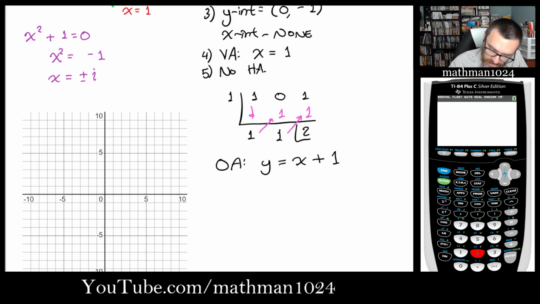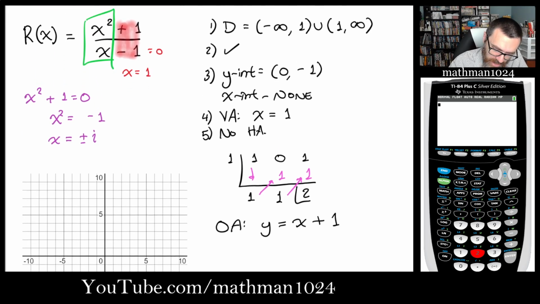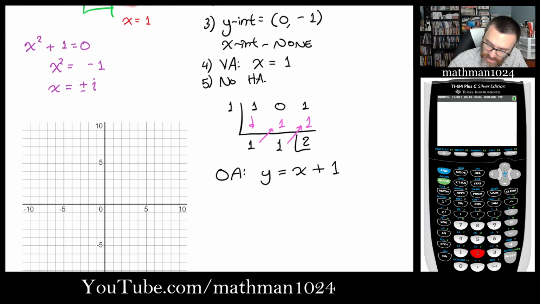All right, so let me scroll back up here a little bit. So we have our domain. The y-intercept is 0, negative 1. So that's going to be right there. A vertical asymptote of x equals 1. So vertical here at x equals 1.